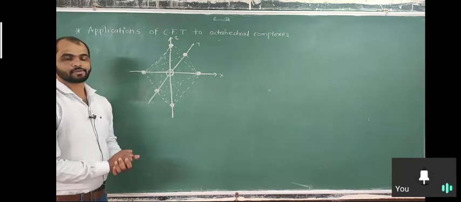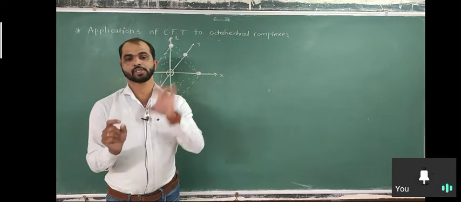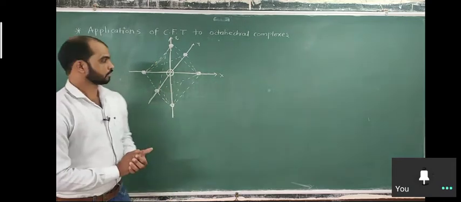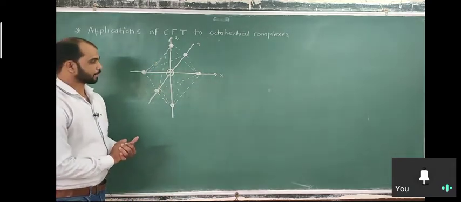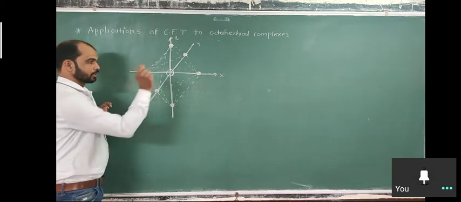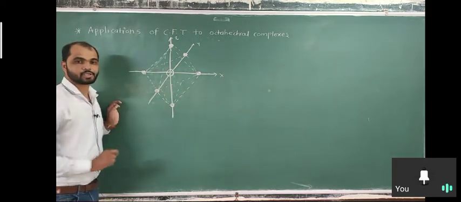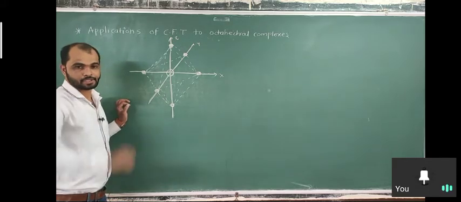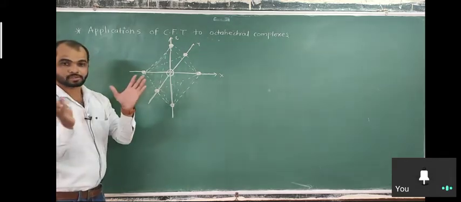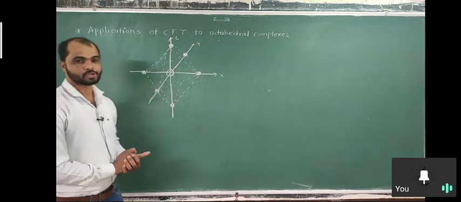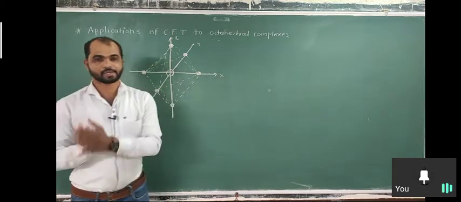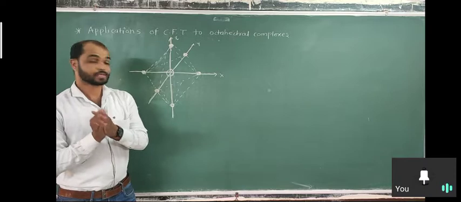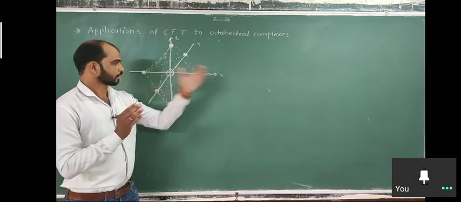So basically, when a ligand approaches the metal, the ligand influences the electrons of the metal. That's why metal electrons occupy those orbitals which are not in the direction of the ligands.